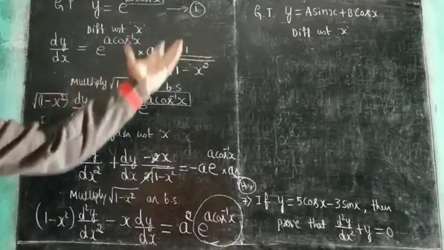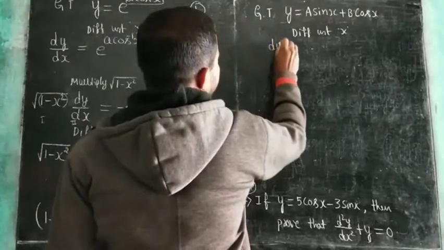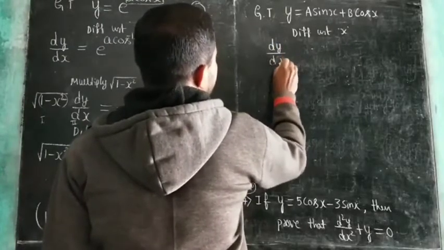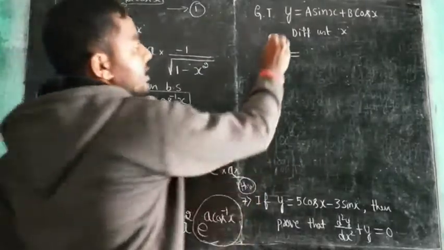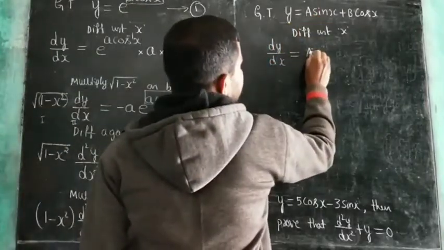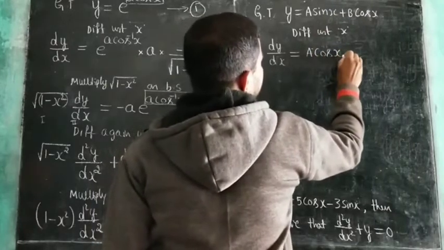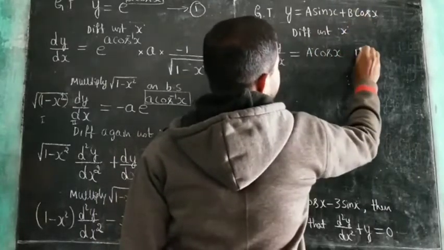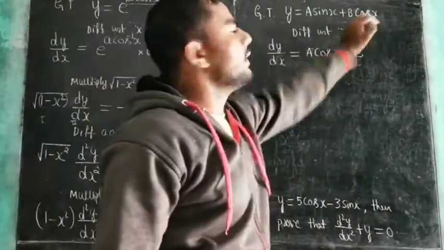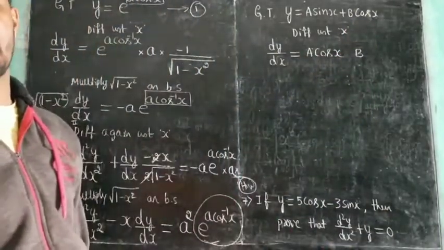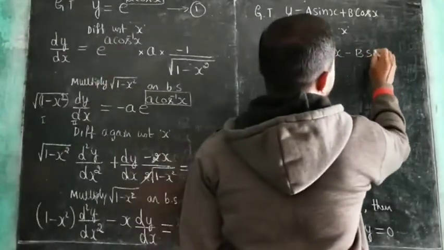Since the problem gives d square y, you take it as dy divided by dx is equal to, here a is a constant, take a as it is. The derivative of sin x is cos x, and b is a constant, write b as it is. The derivative of cos x is minus sin x, plus into minus becomes minus sin x.